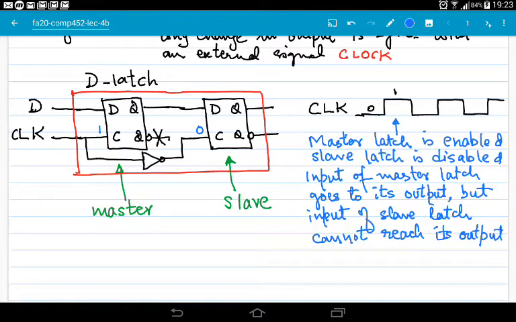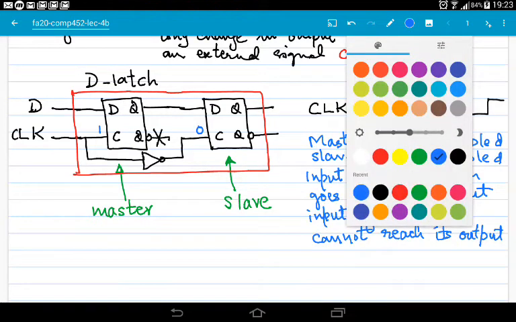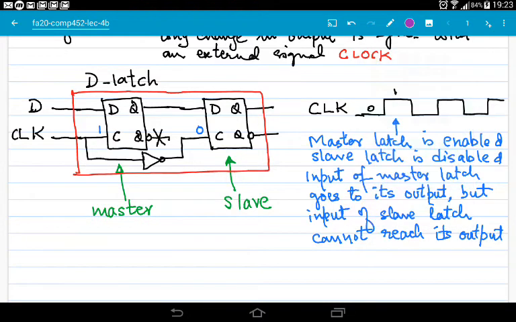Okay, so let's suppose that D was 1 when CLK was 1. So this one will reach the output here.